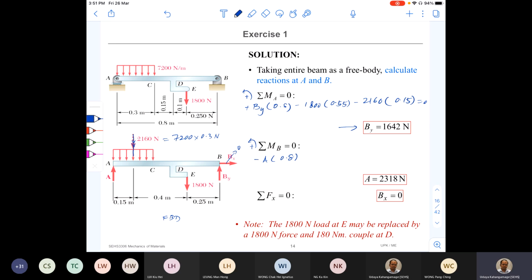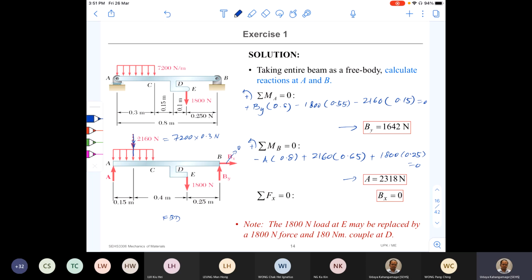And then 2160 creates an anti-clockwise moment, therefore positive, and the distance is 0.65. Plus 1800 Newton. I put plus because it is also anti-clockwise. 1800 times 0.25 equals 0. Okay, you simplify this one, you get this answer.